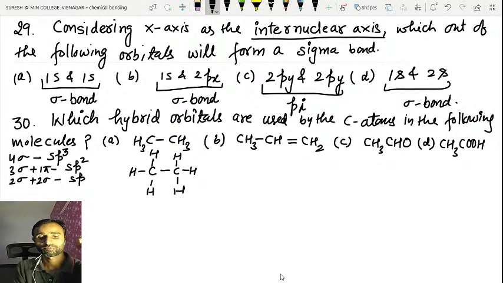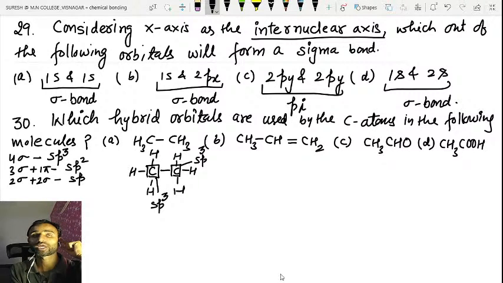That's the rule. So in this case, all the 4 sigma bonds, so each carbon is sp3 hybridized.